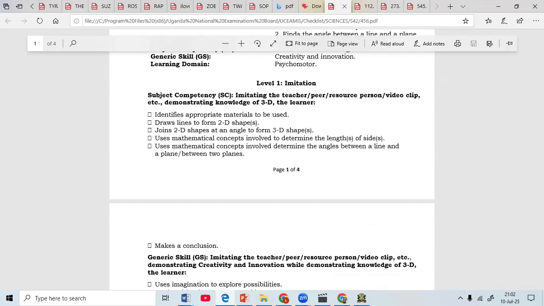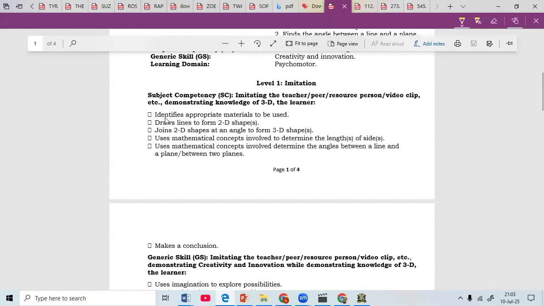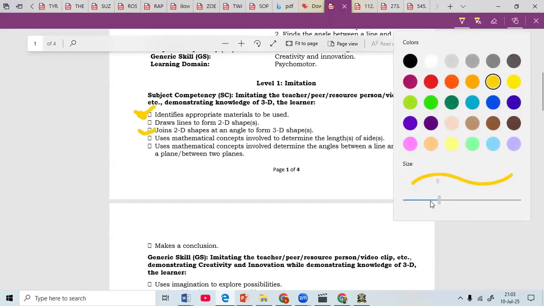And in case you have got this particular item, we expect you to come and pick that particular thing, tick. That now the child is at this level. So we expect you to keep on as the child progresses from one level to another.